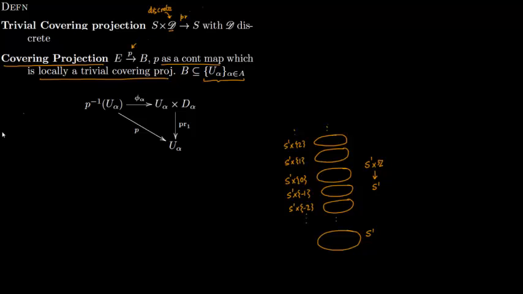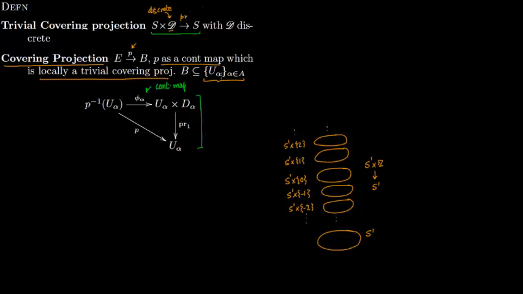So we are going to copy this right here. I have just replaced S with U alpha, and the only thing is that now you add P inverse of U alpha here, and this phi alpha is a continuous map for each alpha.